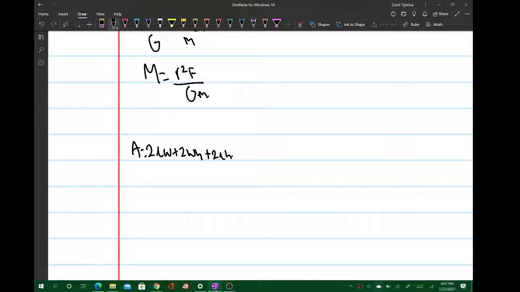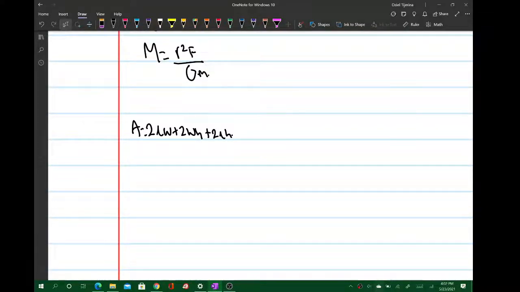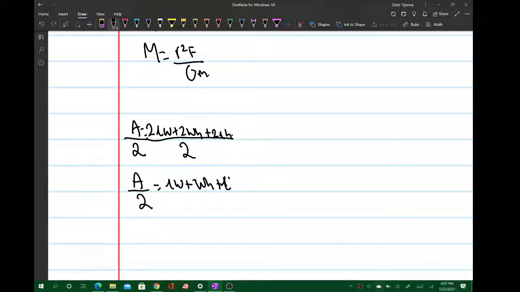Obviously, we have a 2 in each term, right? So what does that mean? Using our algebra skills, we can divide by 2 on both sides, right? Because this is what we learned in algebra. A over 2 equals LW plus WH plus LH, right?